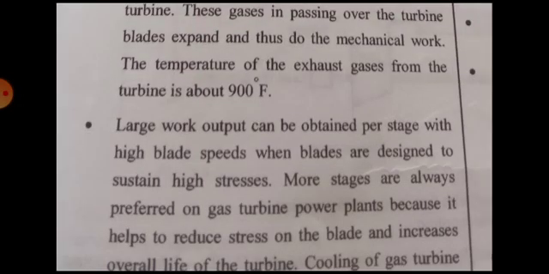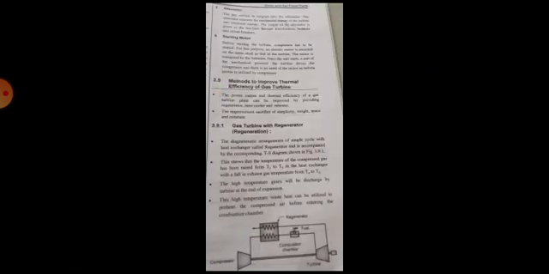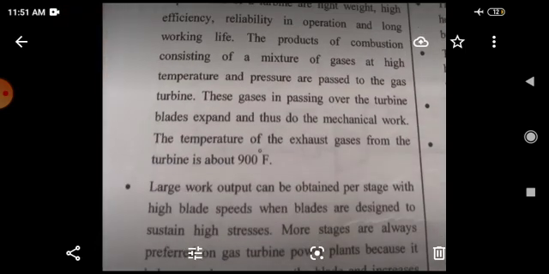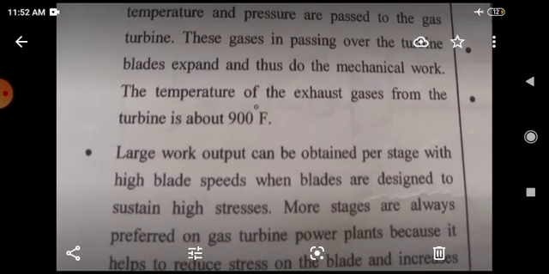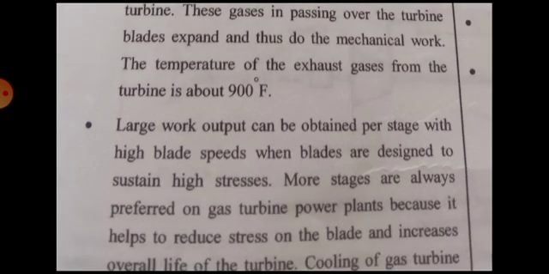Large work output can be obtained per stage with high blade speed when blades are designed to sustain high stresses. Most stages are always preferred on a gas turbine power plant because it helps to reduce stress on the blade and increase the overall life of the turbine. Cooling of gas turbine blades is essential for long life as they are continuously subjected to high temperature gases.